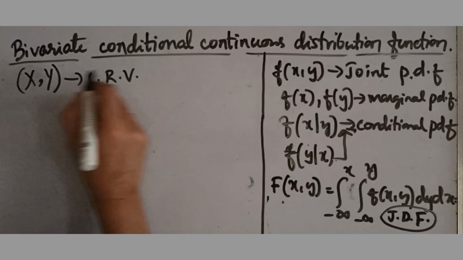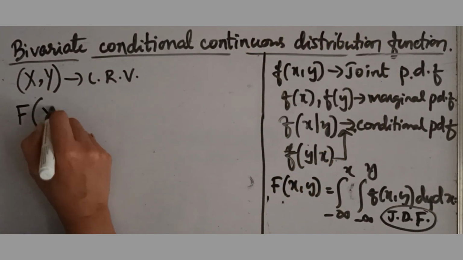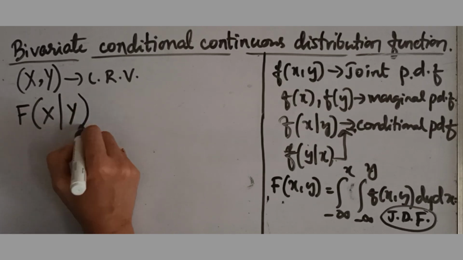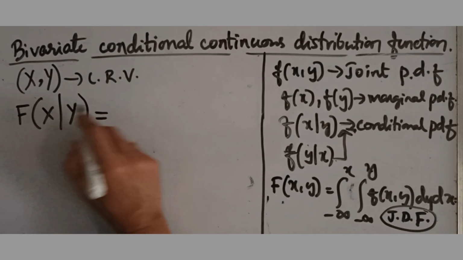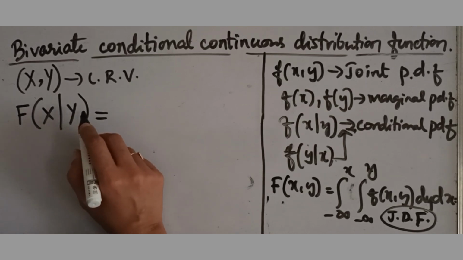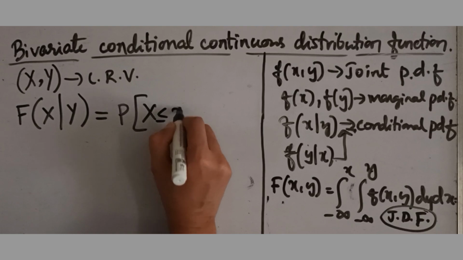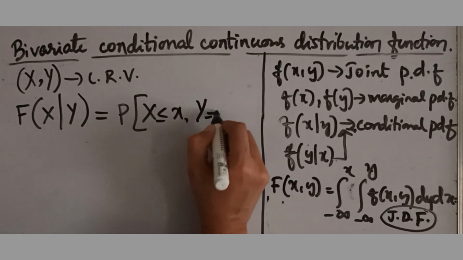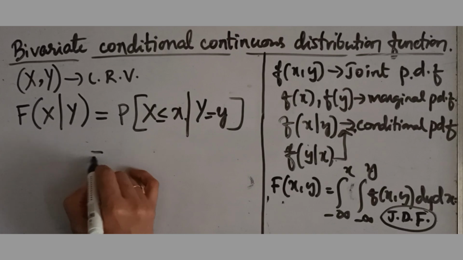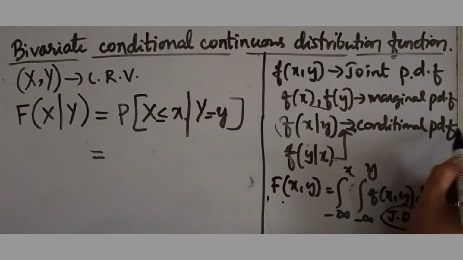Similarly, the conditional distribution function of x, given that y equal to y has occurred, is written like this, capital F of x given that y equal to y, which gives you the sum of all probabilities less than or equal to x, and y equal to y is fixed. So now for this I will use this conditional probability density function.